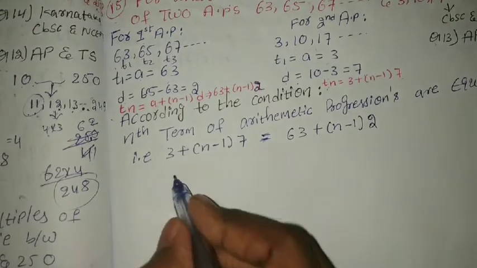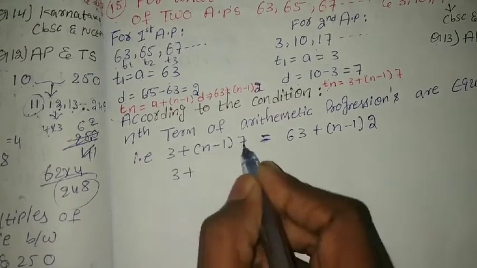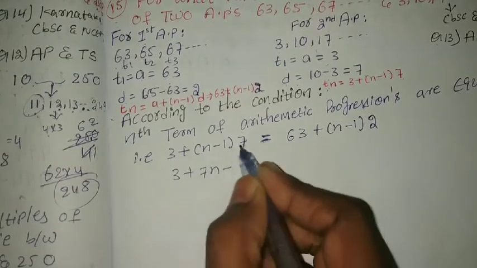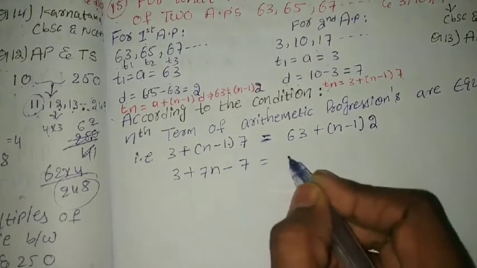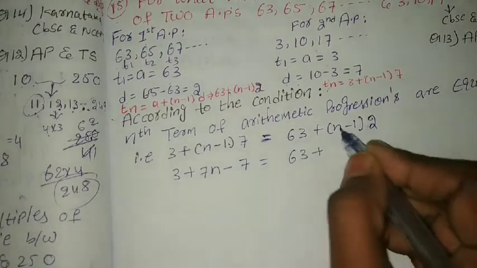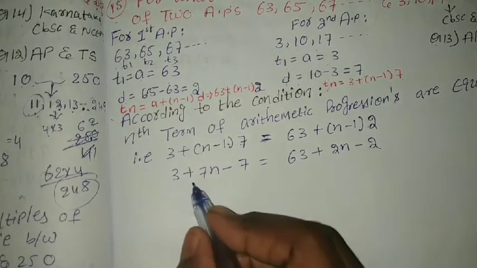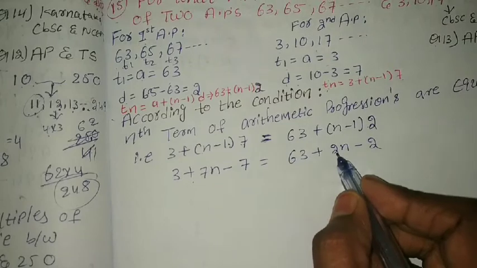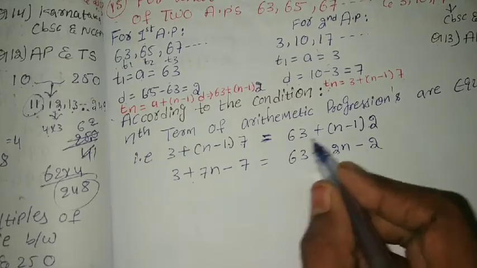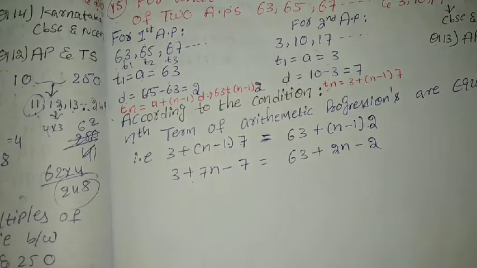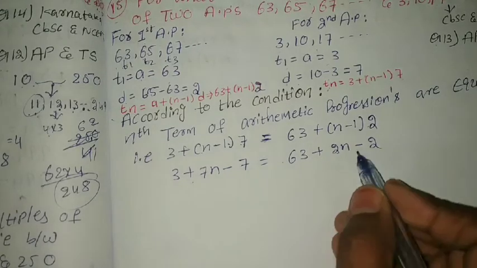Next what we have to do, see here, 3 plus 7 into n, 7n minus 7 ones are 7, is equal to 63 plus, multiply this 2 into n, 2n minus 2. See, this is on the left side and this is on the right side. Take the right side terms to the left side, then the signs will be changed.